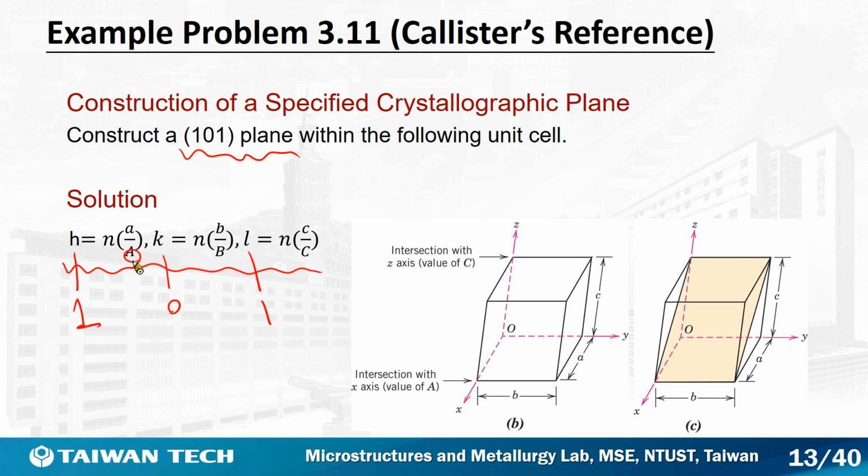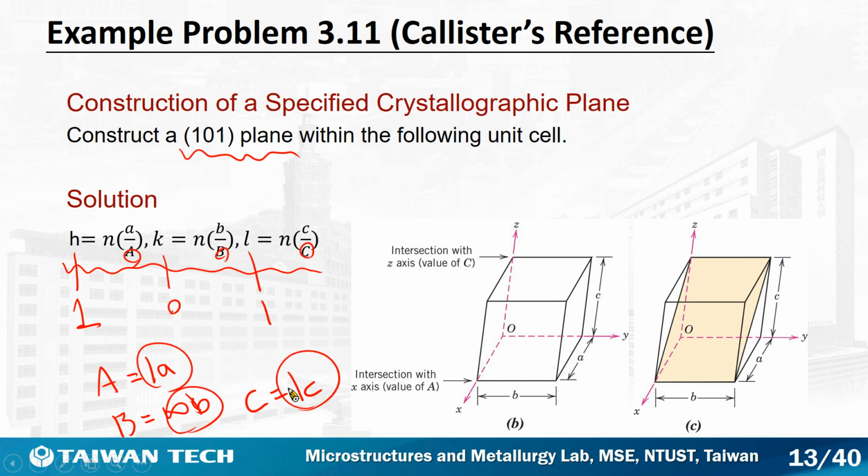So how can we get 101? So a would be 1a, and b would be, to get 0, b to be infinity, and c to be 1c.